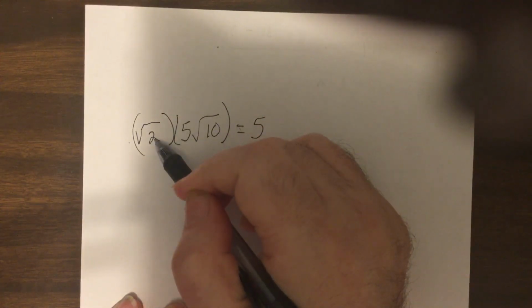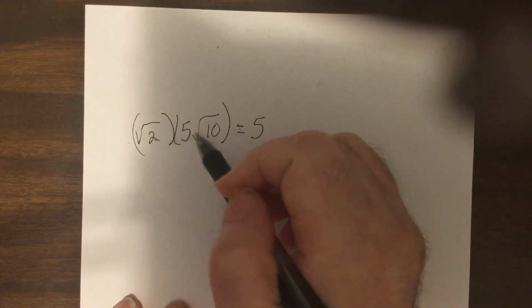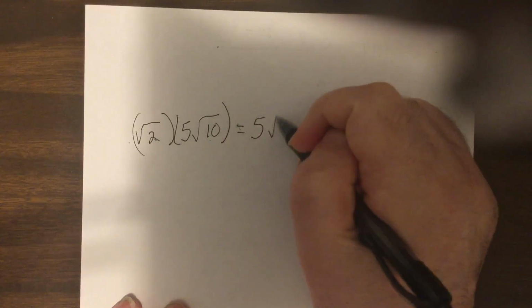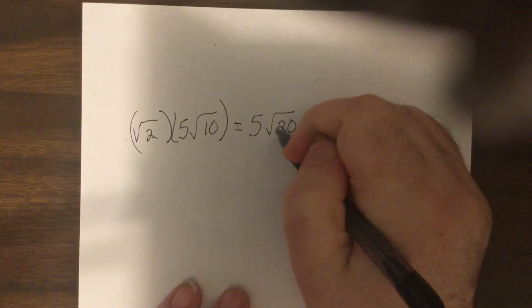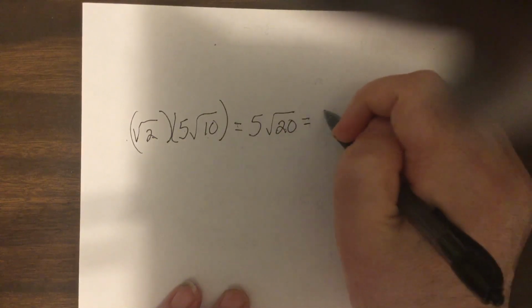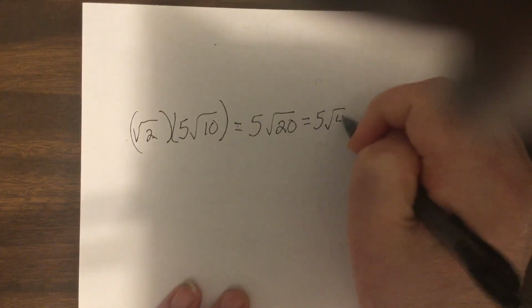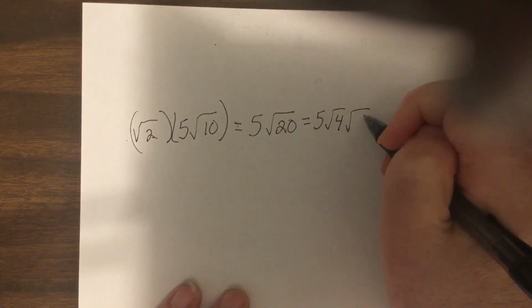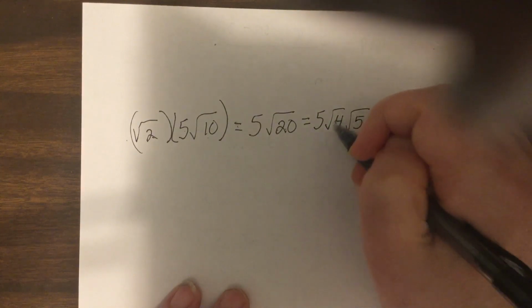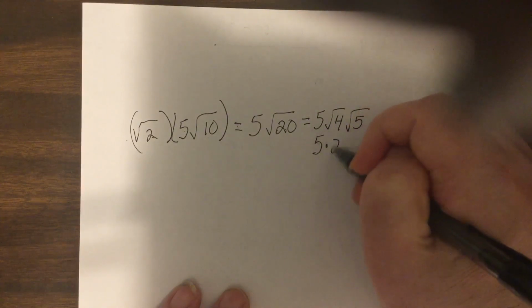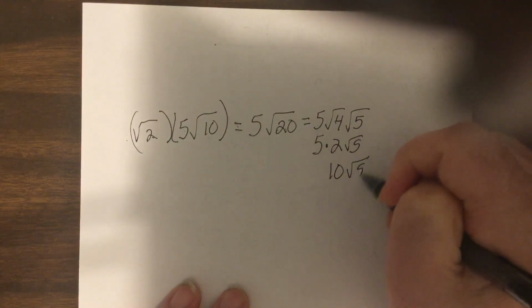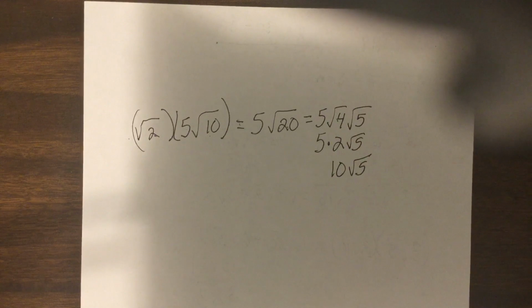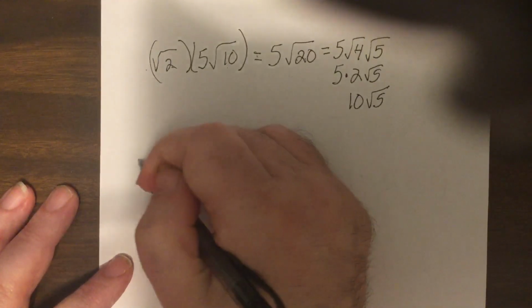Square root of 2 times square root of 10 would be square root of 20. What perfect square goes into 20? Well, that would be 4, so it'd be 5 times square root of 4 times square root of 5. Square root of 4 is 2, so it'd be 10 square root of 5. Woohoo! Let's try another one.